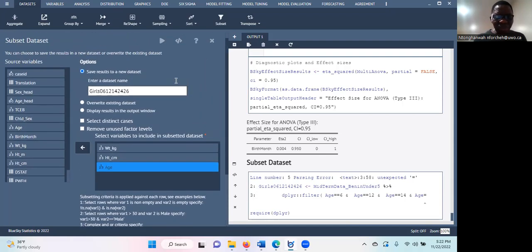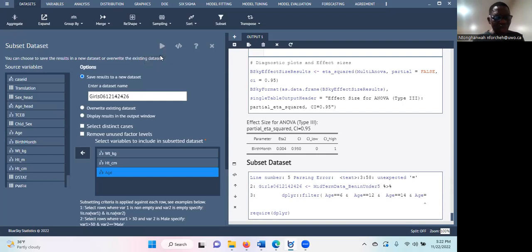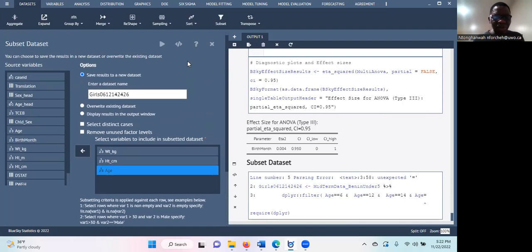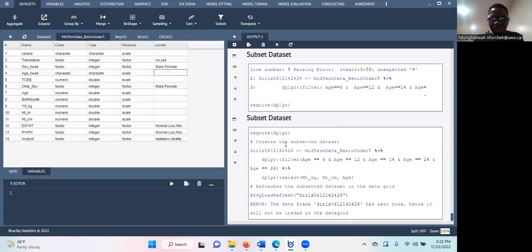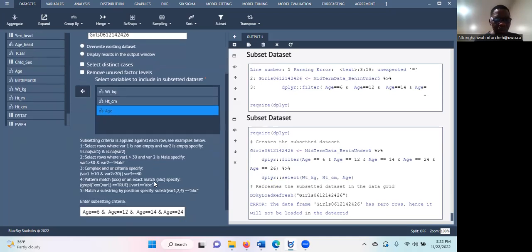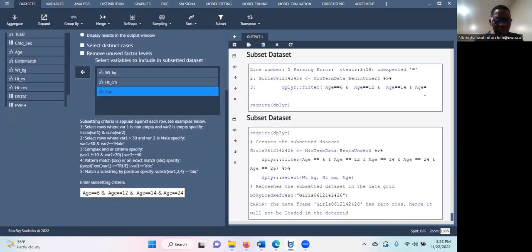You can try that because there are no children who are age 12 months and age 14 months. There are no such children. So if I try to run this, it tells me that the data set is empty. We know that. So what do we do? We use the OR, which is here. That's the symbol for OR. I don't know if you type in the word, but that's the symbol for OR.